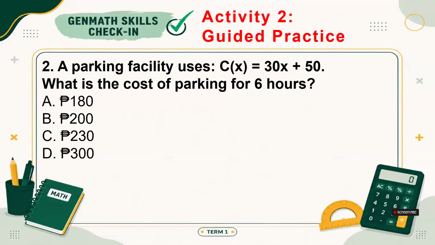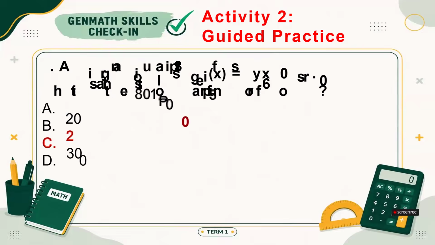So that's 180 plus 50. Very good. So if your answer is letter C, then you are right. So the 30 represents the amount of charge per hour, while 50 represents the fixed charge. Substituting a value for x would give us a new cost price for the parking. Okay? So always remember that.